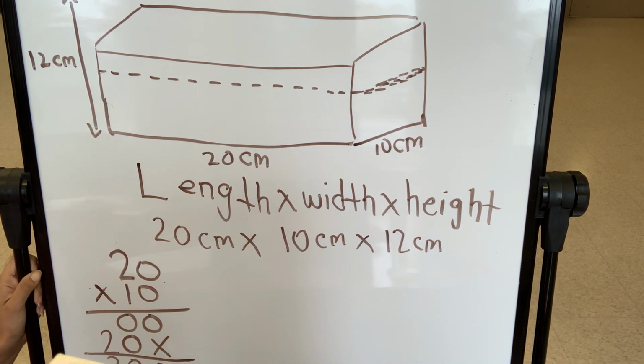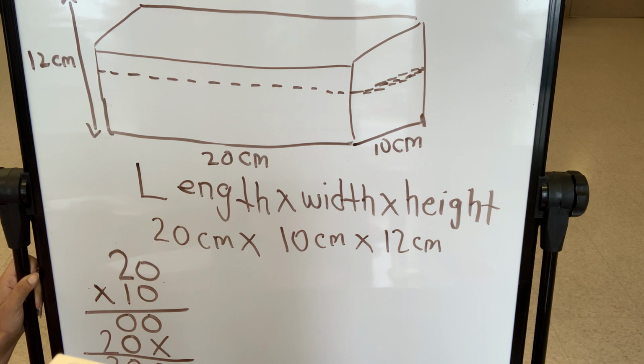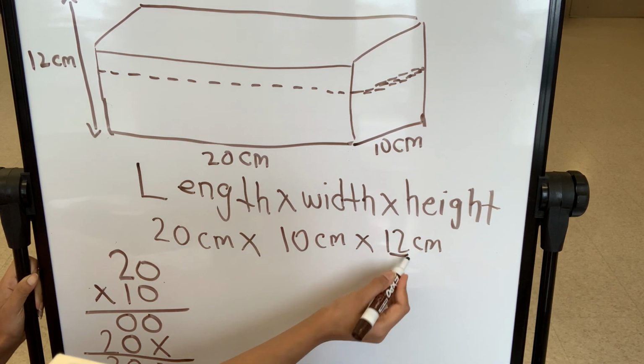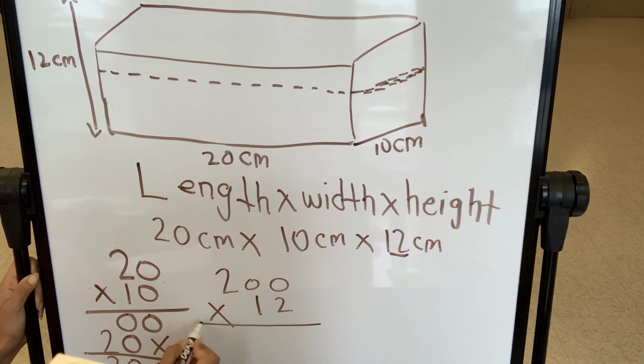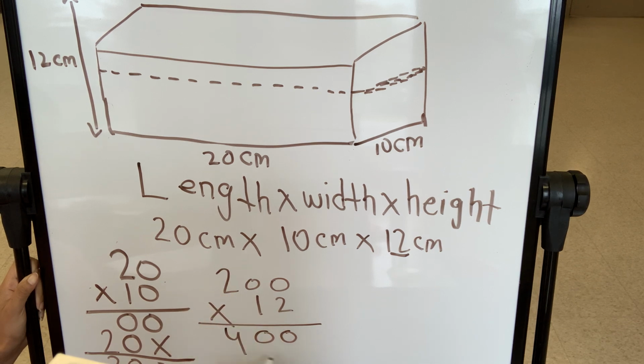So now I'm going to multiply 200 times 12. 2 times 0 gives me 0, 2 times 0 gives me 0, 2 times 2 gives me 4.